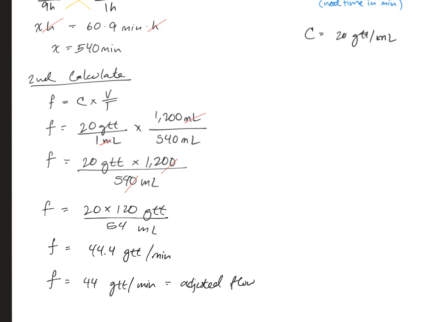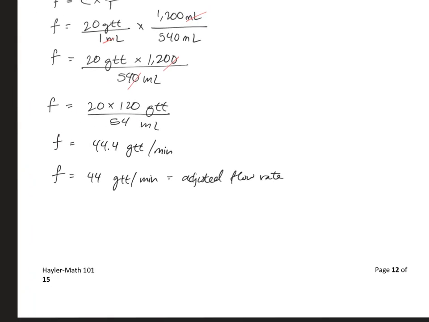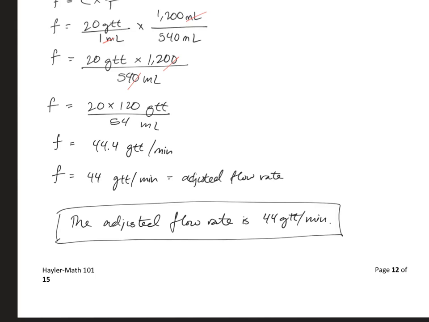Alright, so the sentence for our answer is the adjusted flow rate is 44 GTT per minute. And once again, you'd want to make sure with your facility about what you're allowed to adjust to.